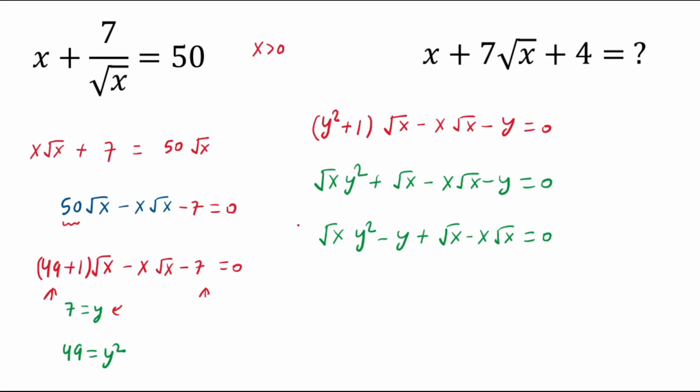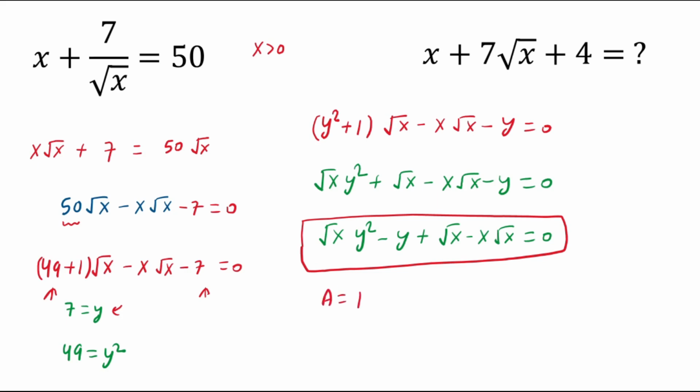Look carefully at this expression. If we consider x as constant, then we can say this is a quadratic equation in terms of y. So here the value of a is square root of x, the value of b is -1, and the value of c is square root of x minus x times square root of x.